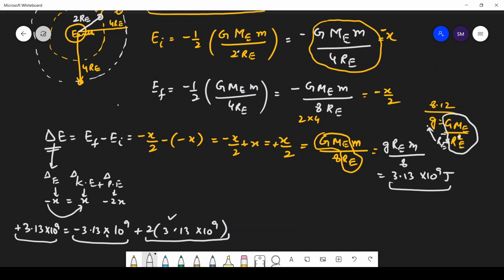So kinetic energy is reduced by this much, and the change in potential energy is twice the change in kinetic energy, and that is this much. So the final is more.